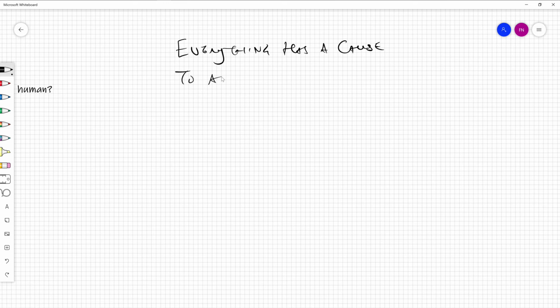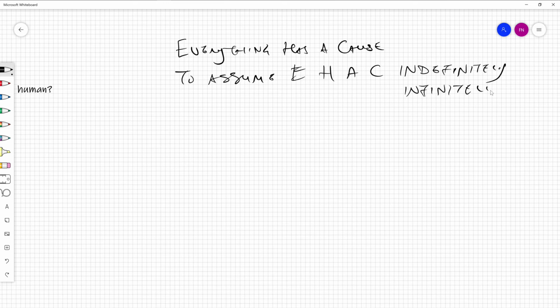To assume everything has a cause indefinitely, infinitely, is absurd.